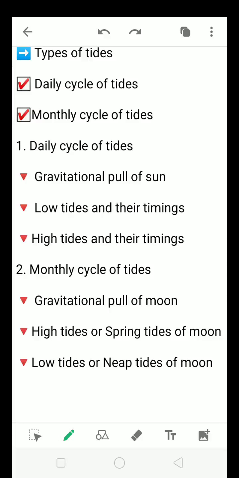So we will see the types of tides. These are daily cycle of tides and monthly cycle of tides. First of all, we will read about the daily cycle of tides.